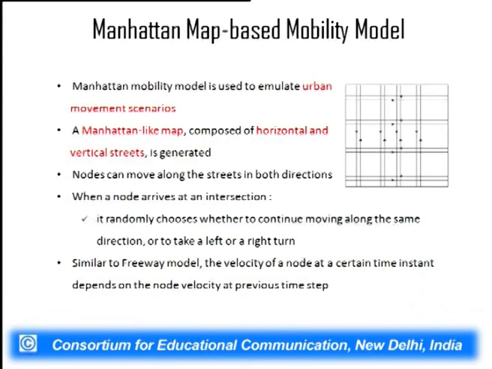And obviously there are some other conditions like don't care conditions, etc. The safety distance parameter will always be there, because the Manhattan map model is a better model than the freeway one, so it will have the features of the freeway as well.